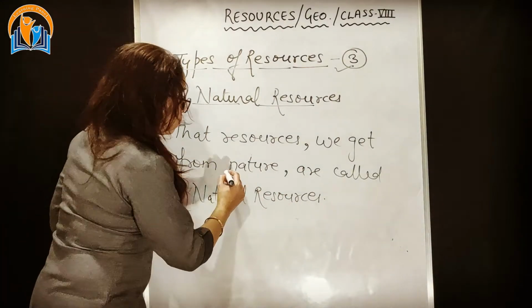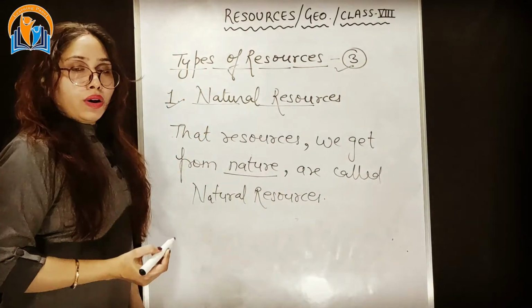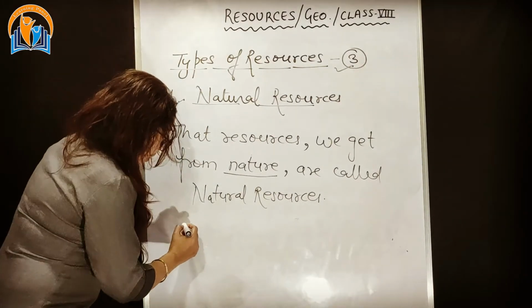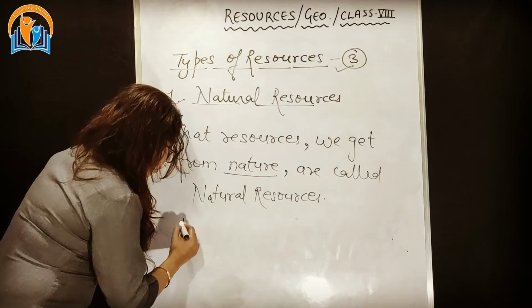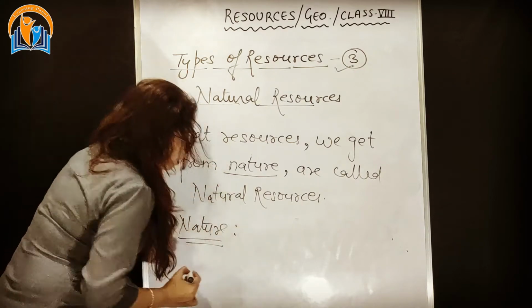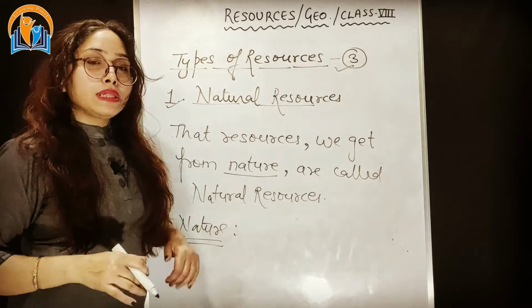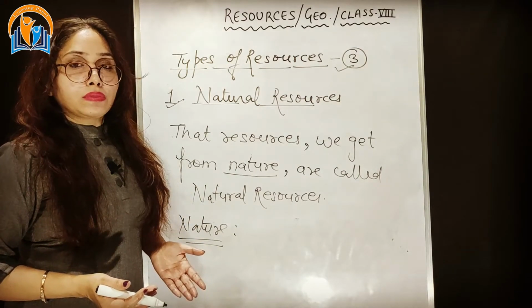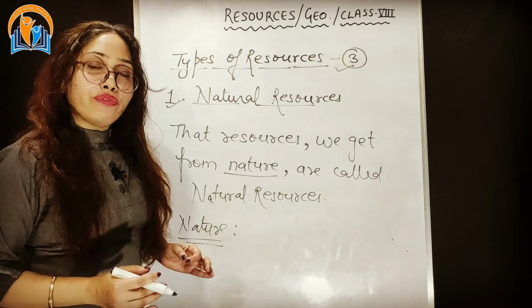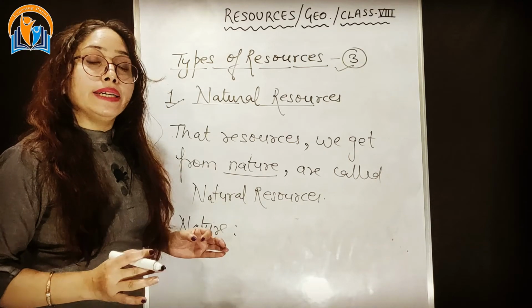Here, your focus point is nature. What do you mean by nature? Very simple. Write down here, nature: whatever is present on the earth in which human efforts are not needed.